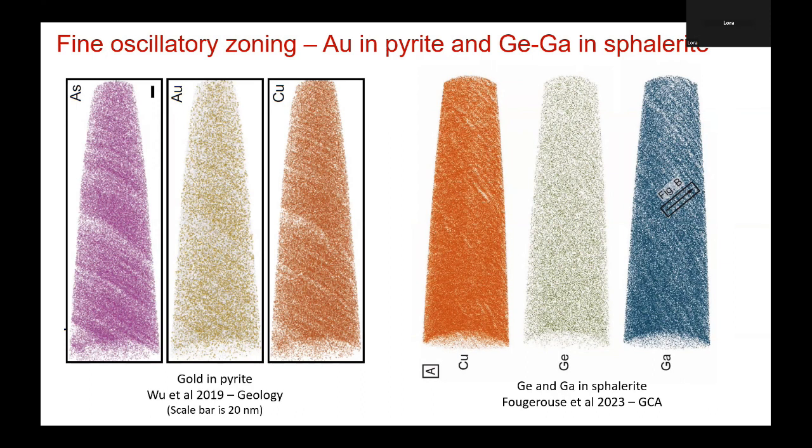This is more likely to be the result of some growth kinetic process where we have diffusion of elements towards the crystal phase. And as this mineral grows and the elements diffuse to the location of the growth, we have this repeated pattern. So this is just a growth kinetic effect rather than a fluid composition change.